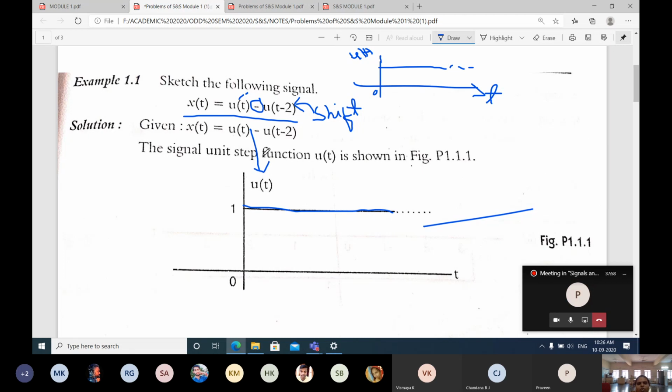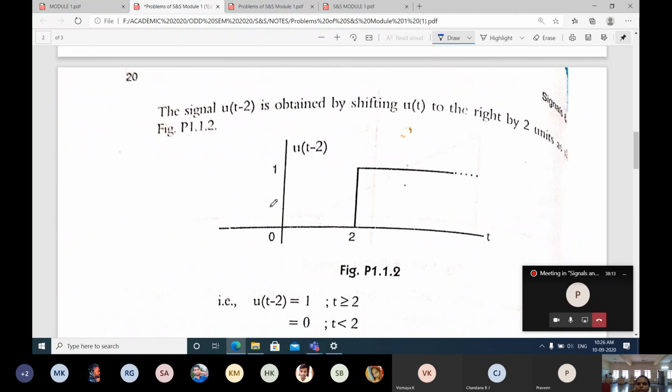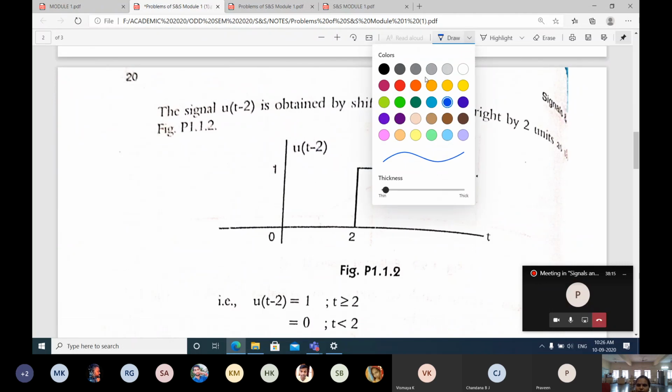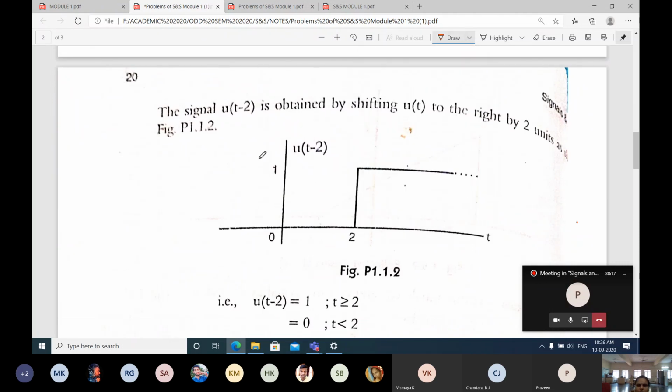Next, what do we have to do? Whatever the problem given, first draw the parameters given, which signal is given, and which operation we have to perform. Then subtract both. We got our u of t, then we have to get our u of t minus 2 signal.